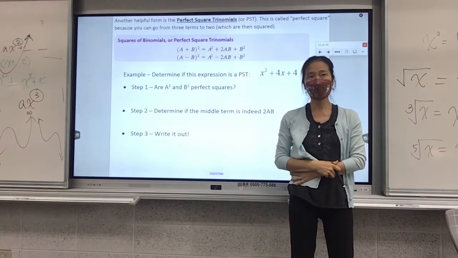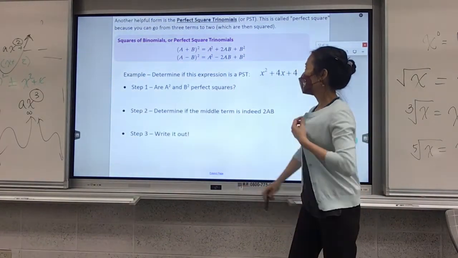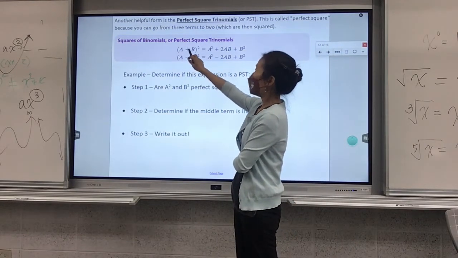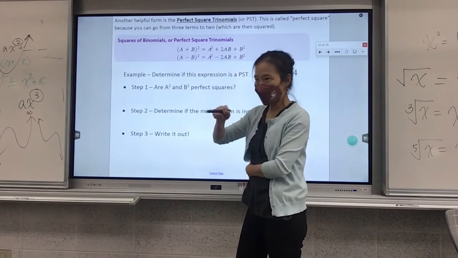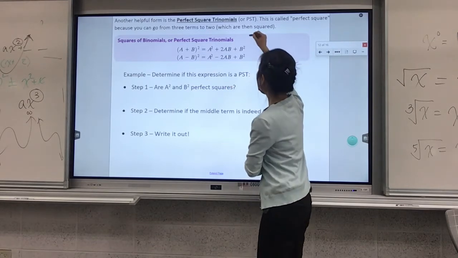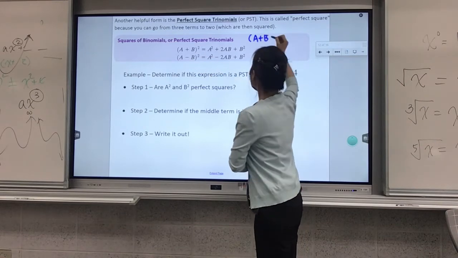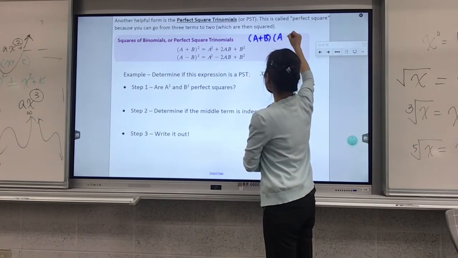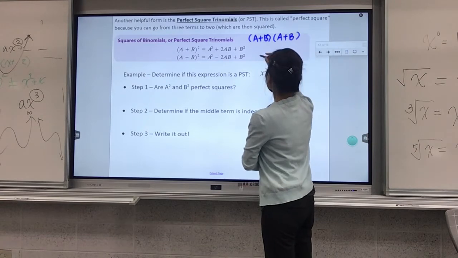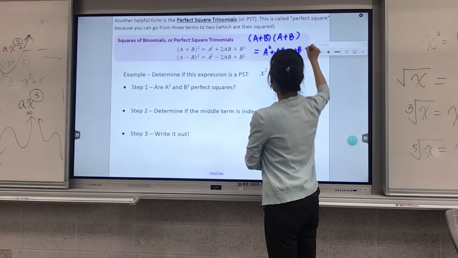Like I said, if you're not sure, expand. Expand, you will know why. So a plus b all squared is not a squared plus b squared. We can take our time to expand. That is a plus b times a plus b, which is a squared plus ab plus ab plus b squared.